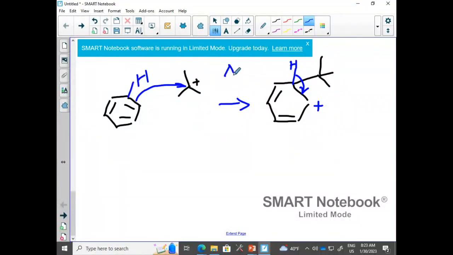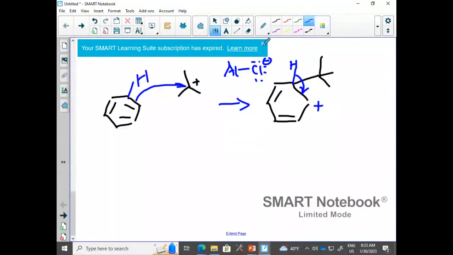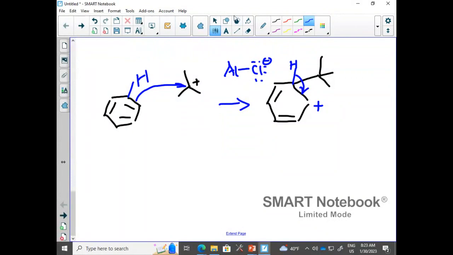We could have the tetrachloroaluminate ion, see, you could have this chloride coming to take this proton away.